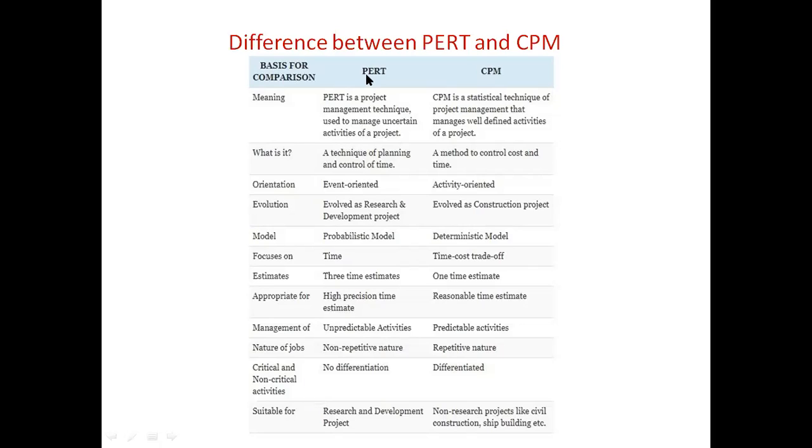As we know, PERT evolved from the research and development of projects, so in R&D, PERT is more suitable. For non-research projects like civil construction, shipbuilding, and erection of industries, the CPM technique is used. So these are some of the differences between PERT and CPM.